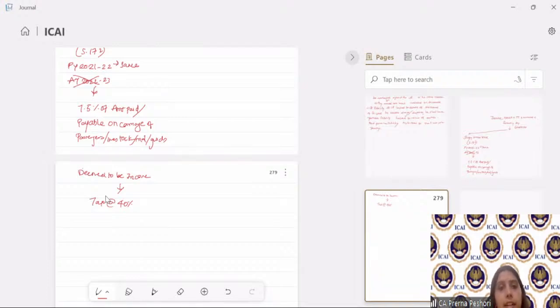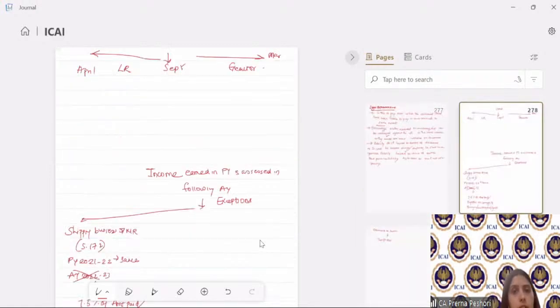Then the second category of income, where it is taxed or assessed in the same year, is in the case of a person leaving India. These are generally the cases where the income tax department is cautious so that before they leave India, the taxes are assessed. Where the AO feels that any individual is leaving India during the financial year or shortly after its expiry, and that individual has no intention of returning to India, then the AO may assess his total income for the particular financial year before the expiry of that year itself.